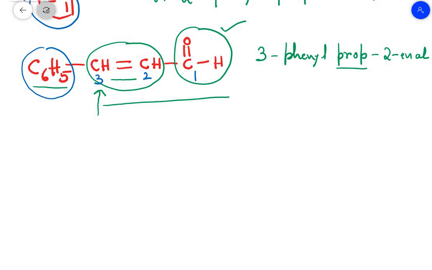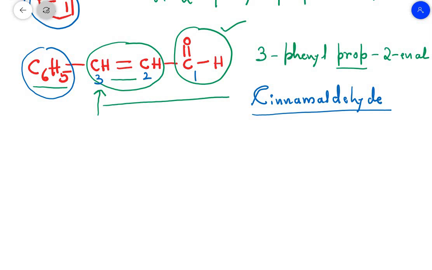Students, this compound is also called by another common name, that is cinnamaldehyde. The compound 3-phenyl prop-2-enal is also called what? Cinnamaldehyde.